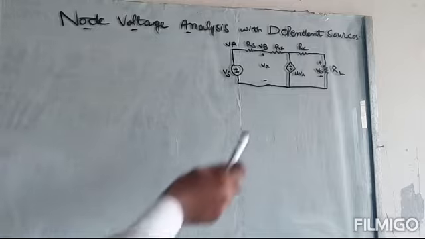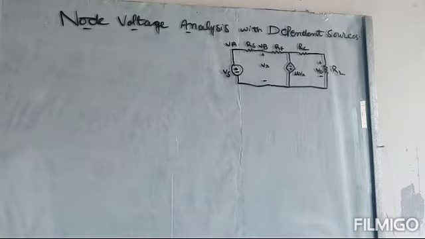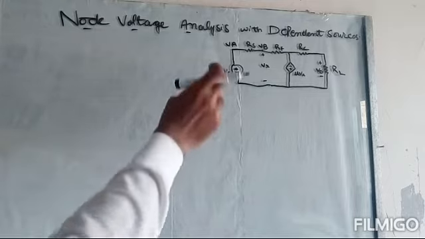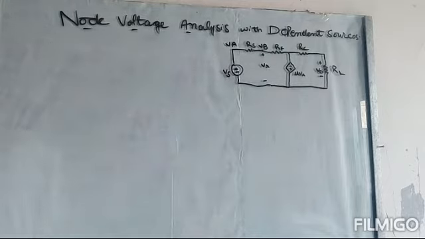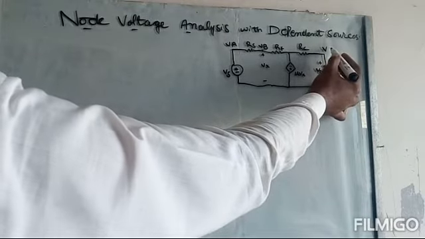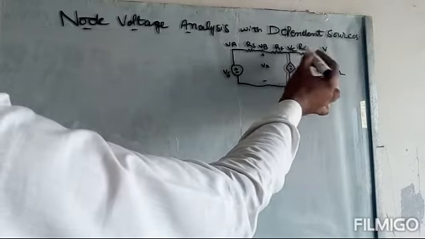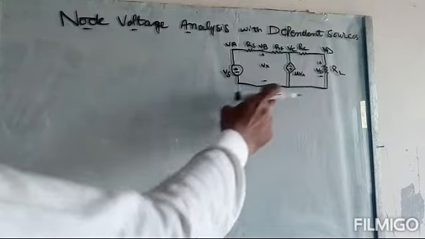So this is a circuit that has a voltage controlled voltage source, and we want to apply the concept of node voltage analysis to find the unknown voltages VA, VB, VC. These are the four nodes, this is the fifth node.